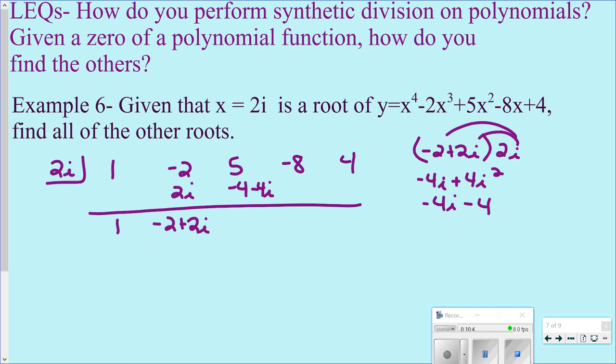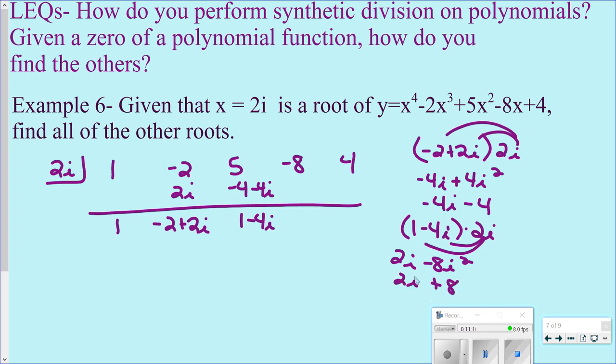So I'm taking 1 minus 4i times 2i. So again, distributing. So 1 times 2i is 2i, and -4i times 2i is -8i squared. And -8 times -1 is +8. So I have 2i plus 8.